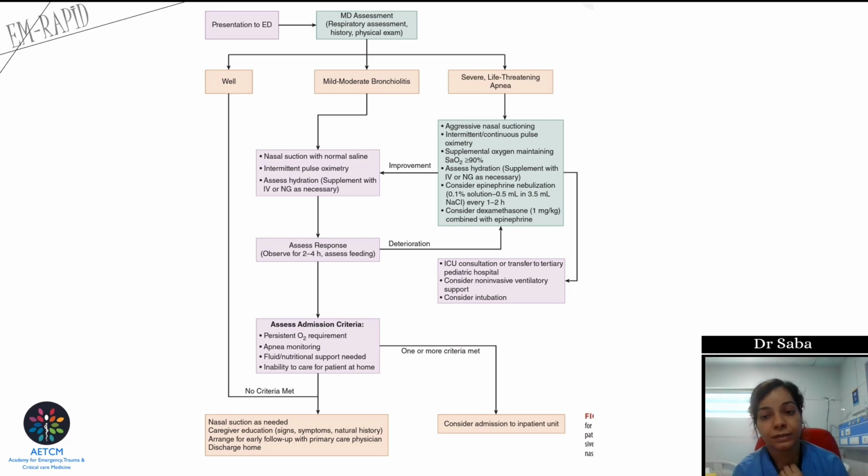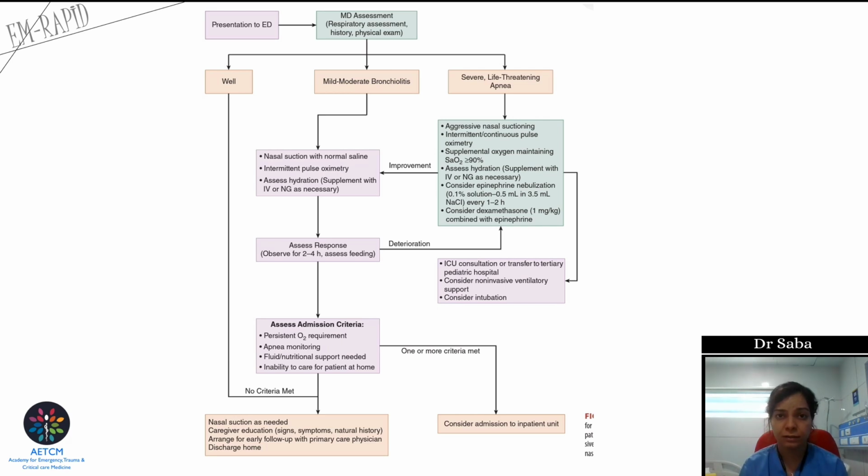If steroids aren't working, and if the patient is extremely sick and in a life-threatening state, that is when we consider nebulization of the epinephrine, basically the racemic mixture nebulizations. But otherwise, it is dexamethasone and can be combined with epinephrine.